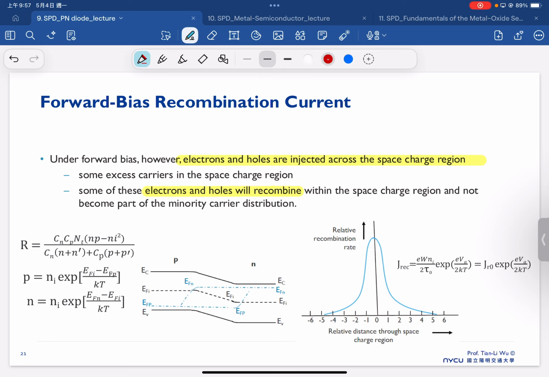So under forward bias, the holes can be injected towards the right, and the electrons can be injected towards the left. Therefore there's a chance to have recombination in this region, and this recombination will cause this forward bias recombination current.